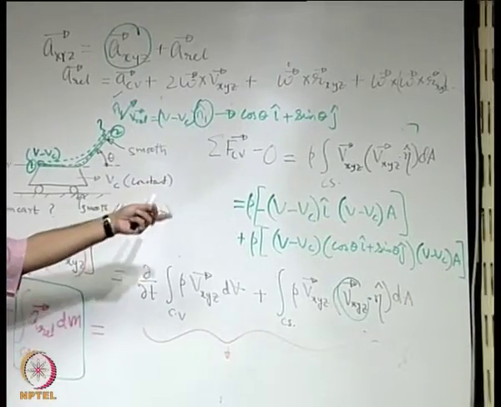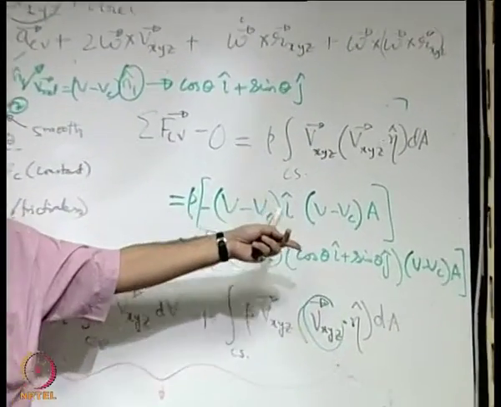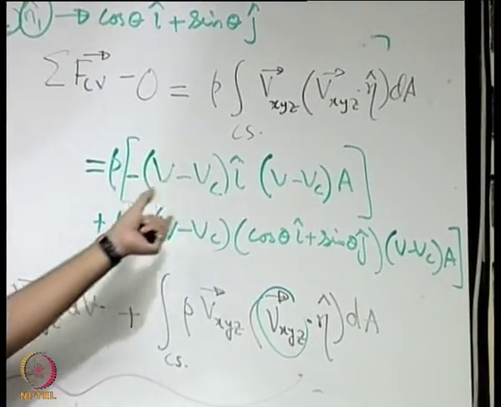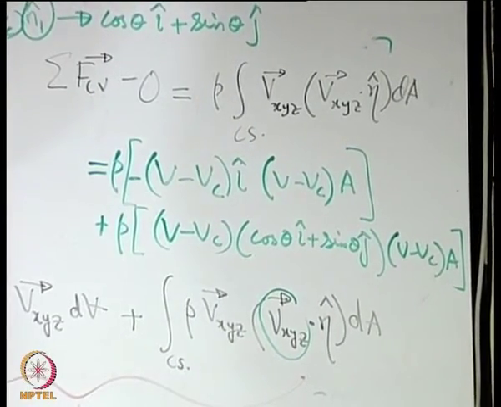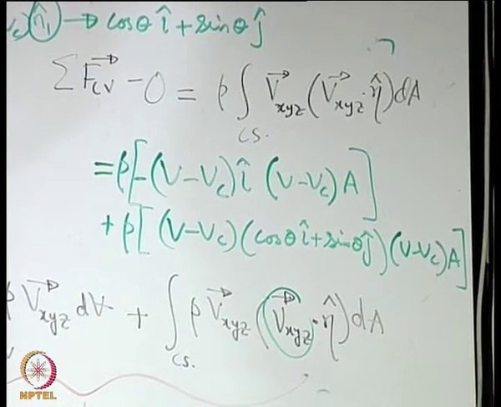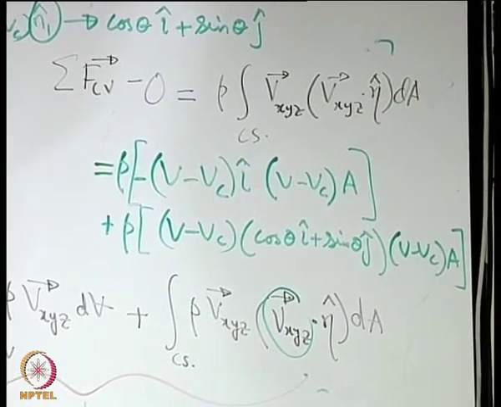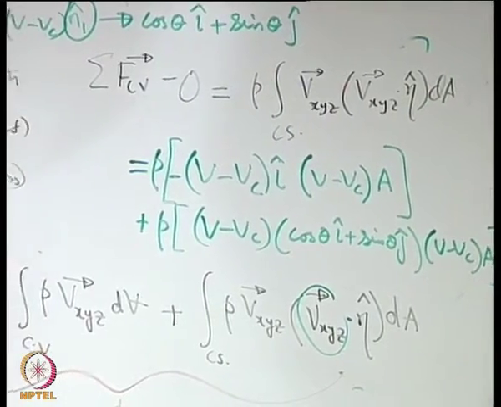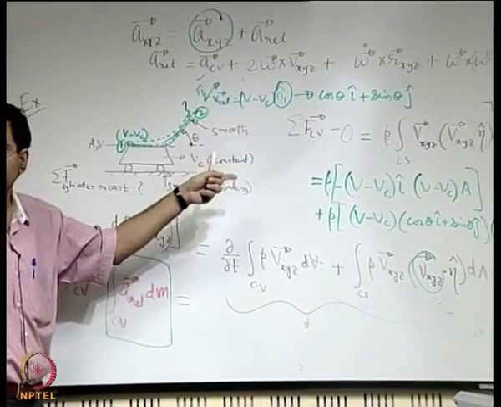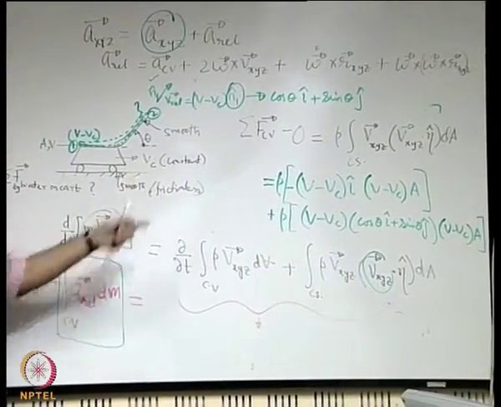Remaining work is easy, you can separate the x and y components by taking the coefficients of the i cap and j cap and write what are the components of the forces. These are forces exerted by the cart on the fluid. By Newton's third law, the force exerted by fluid on the cart will be equal in magnitude to this one, but opposite in sense, right.